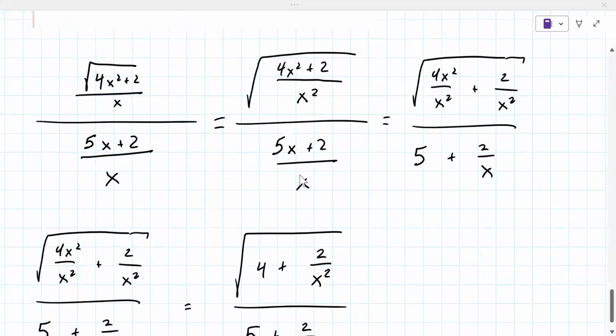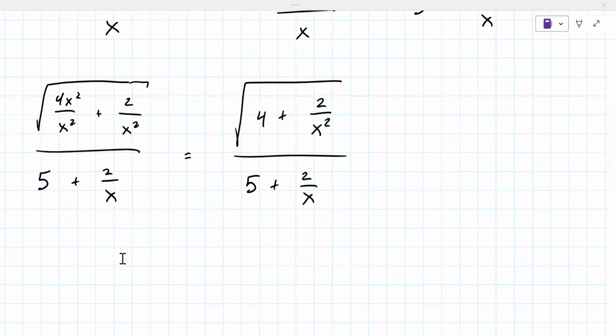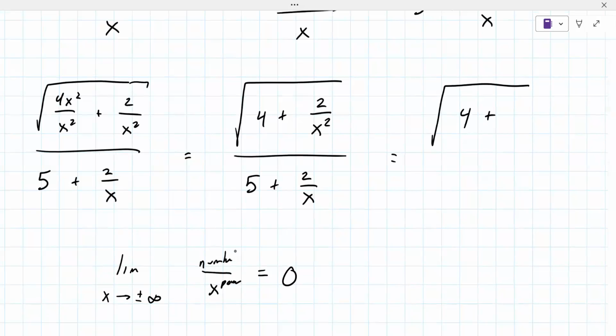Okay. Now there's this other thing that you have to remember here, which is the limit. The limit as x goes to plus or minus infinity of any number over x to any power always goes to 0. Now this looks kind of weird, but what it means is that the 2 over x squared goes to 0, and the 2 over x also goes to 0.